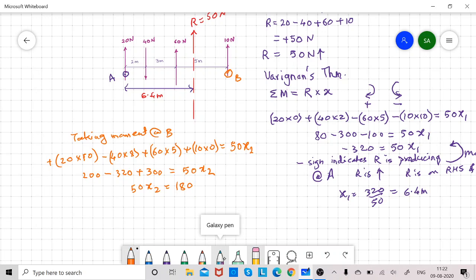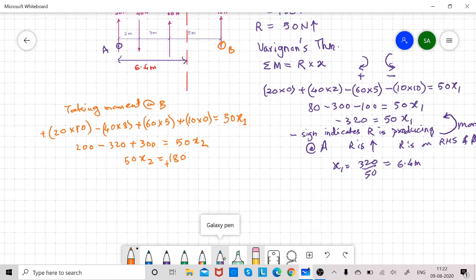Here the resultant is producing positive moment and it is upward. So to produce positive moment, that is clockwise moment about B, the upward resultant must be on the LHS. So the plus sign indicates R is producing clockwise moment about B.